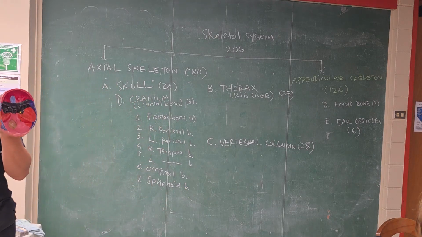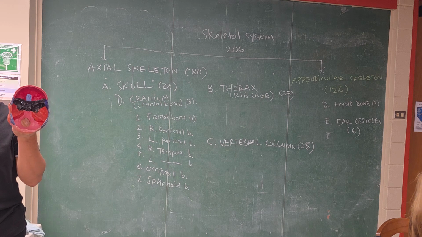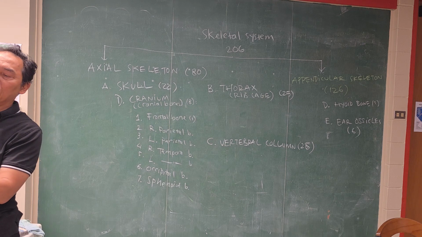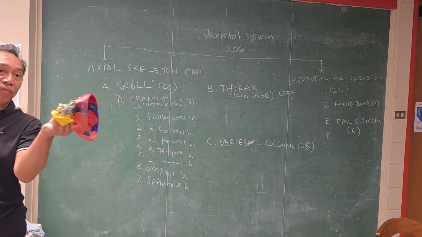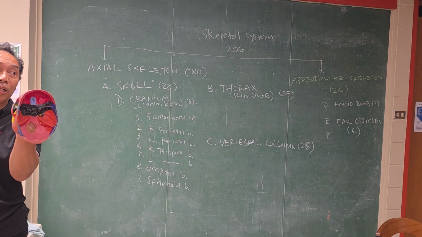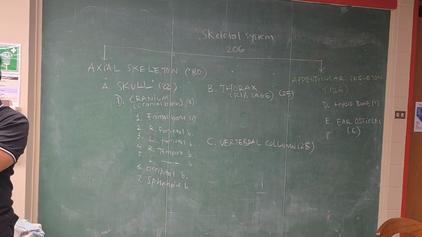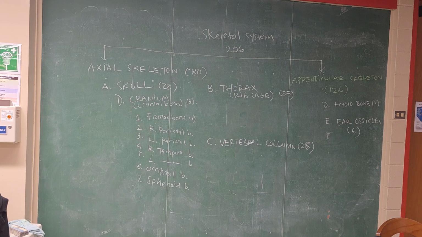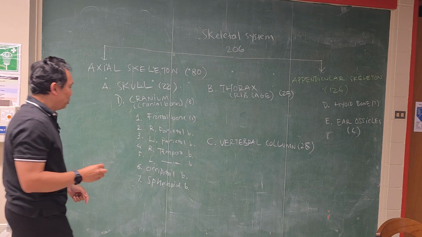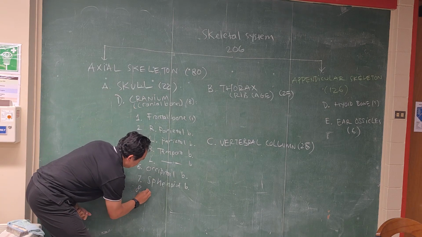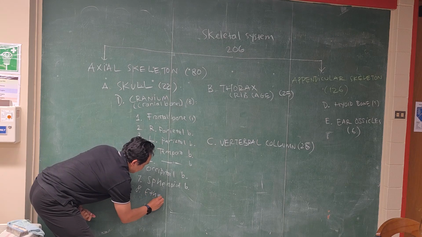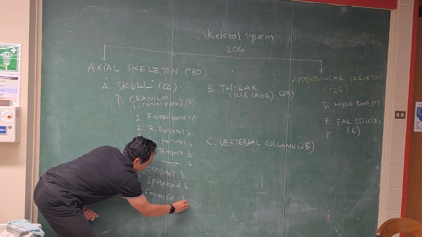One more, right? You see the blue on the top, very small. That's still in the same area as the sphenoid bone. That one is called the ethmoid bone.